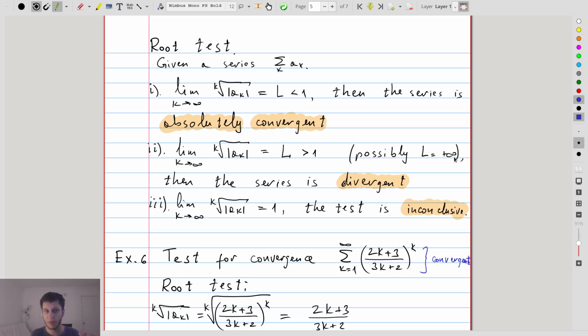Basically, the idea is that for the ratio test, the especially suitable series are those that contain a constant base, say some constant number raised to the power k, or factorials, whereas for the root test, the especially suitable expressions are those that contain some complicated expression raised to the kth power, or to a power that depends on k. Then it is appropriate to apply the root test. So this concludes our discussion of these two convergence tests.